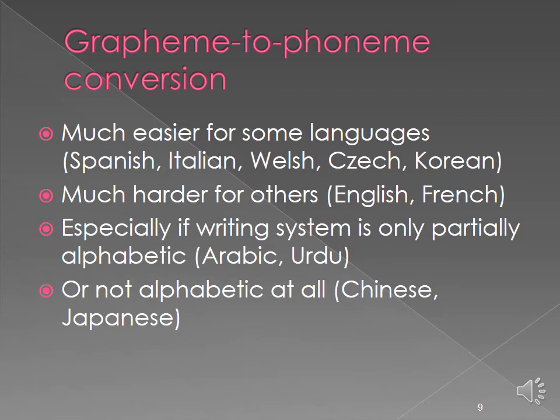Japanese is just slightly easier than Chinese, but the same concept applies. Okay? There is no alphabet. In fact, you can now write Japanese using the Roman alphabet.